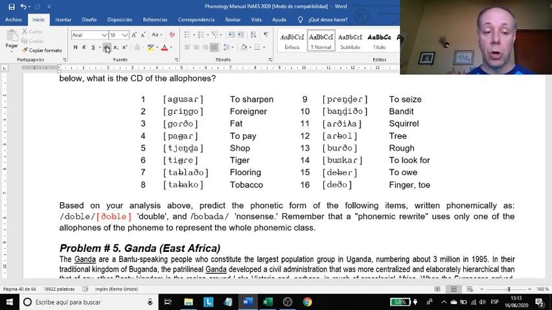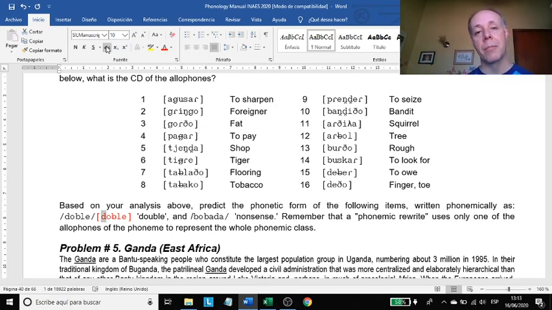Doble. No, because the rule says that this should be a strong D. Why? Because it's syllable initial before a vowel. So it should be a strong D, then. And it's doble.